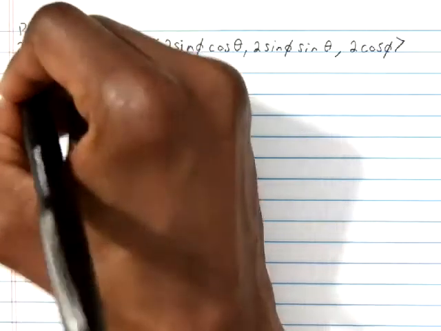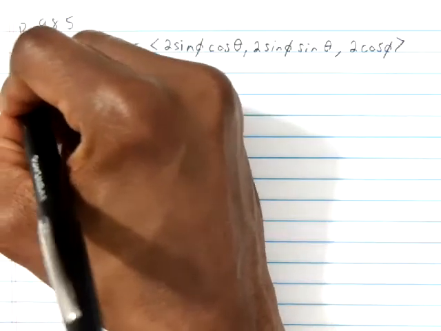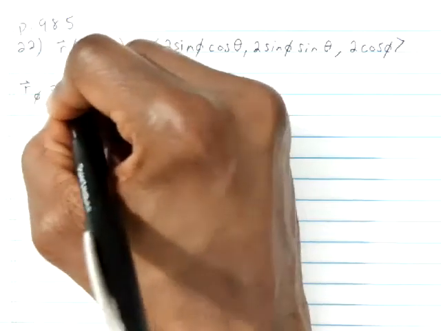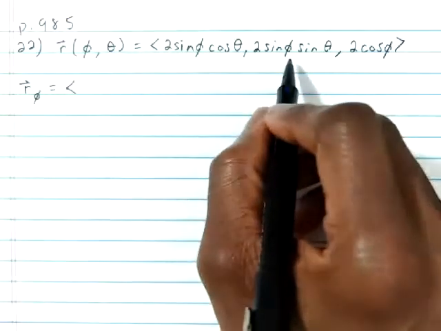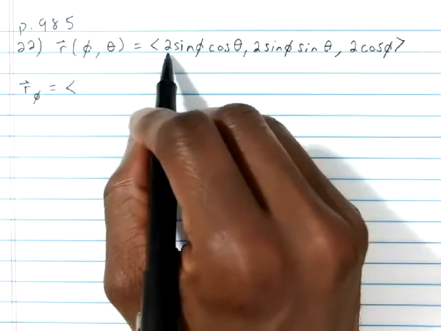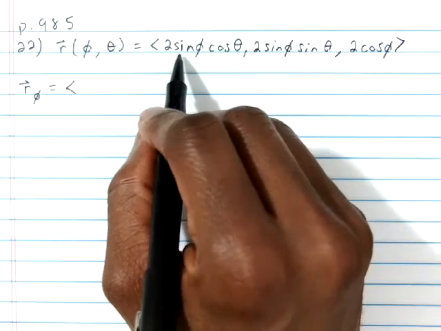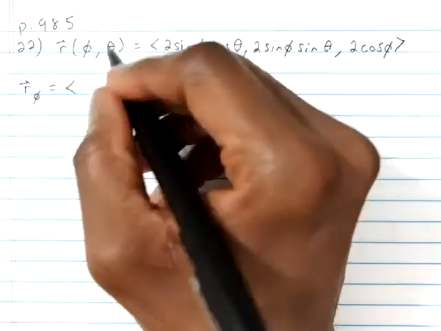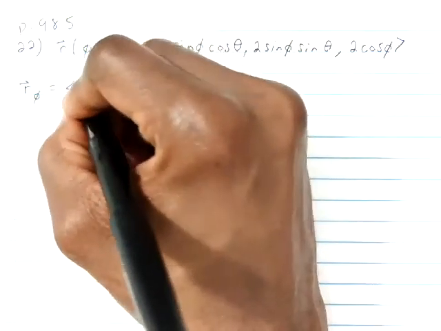All right, so now r sub phi, we'll start with that one, equals the partial of each one of these with respect to phi. So the first one, cosine theta, and 2, those aren't going anywhere. And the derivative of sine phi is just cosine phi. So we're going to get 2 cosine phi cosine theta.